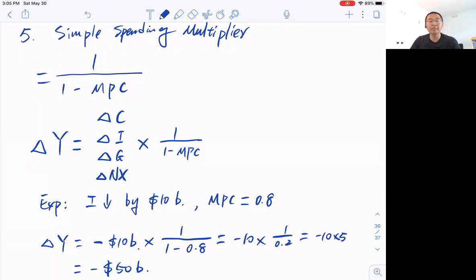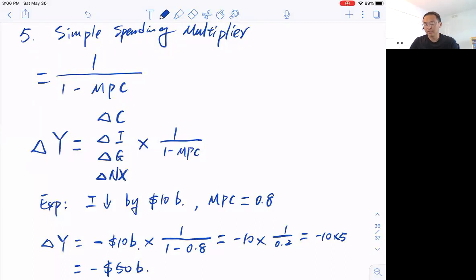So that means a $10 billion decrease in investment will cause a $50 billion decrease in real GDP, because when the investment decreases by $10 billion, it does not just kill the $10 billion project, but it killed the income for people who would have worked on that project and earned the $10 billion, and then what they could have done with that money in spending, right? All the future cycles of spending were killed because the $10 billion initial project is gone. Okay, so real GDP, as a result of it, decreases by $50 billion, so it's multiplied 5 times.